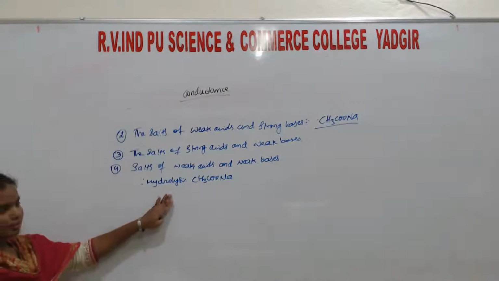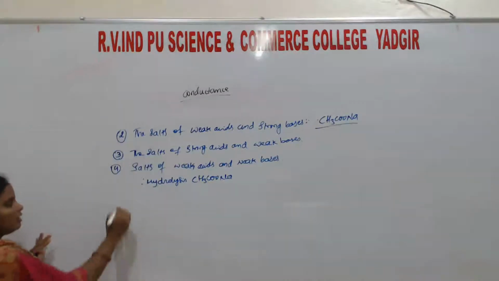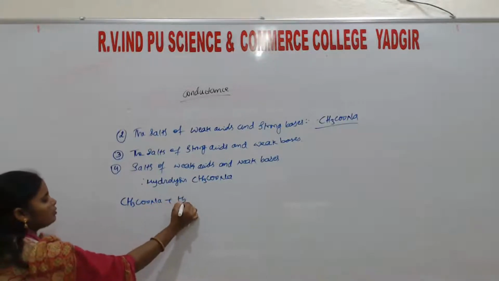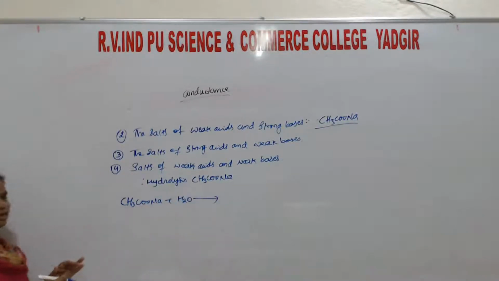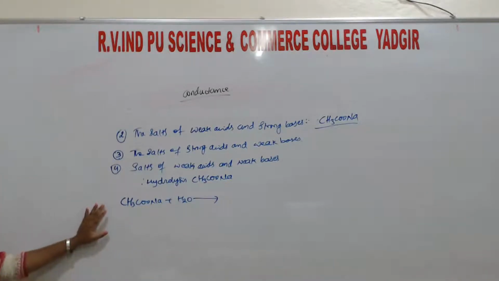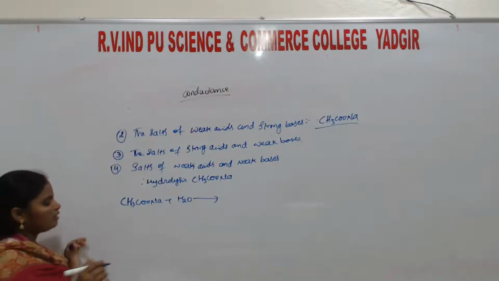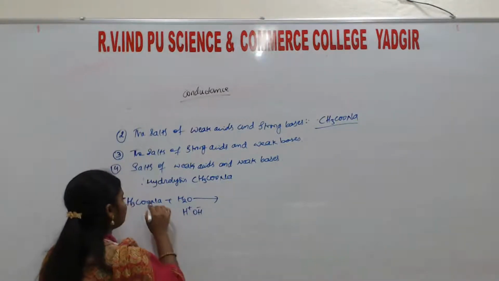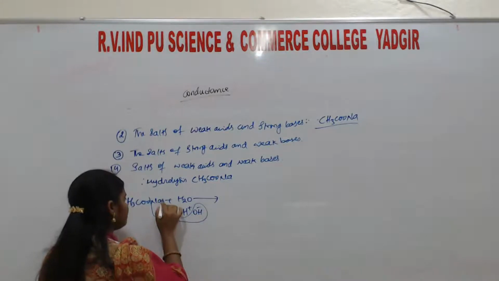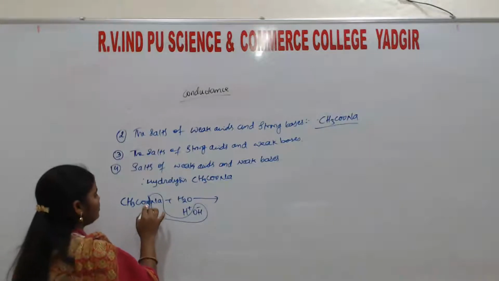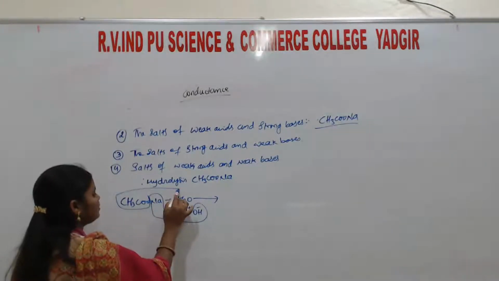Hydrolysis takes place with the water molecule: CH3COONa plus H2O. When sodium acetate is dissolved in water, you get acetic acid and sodium hydroxide, from H+ and OH-.